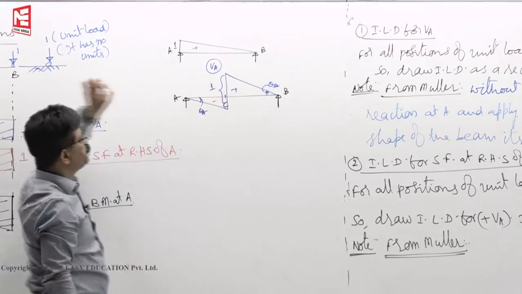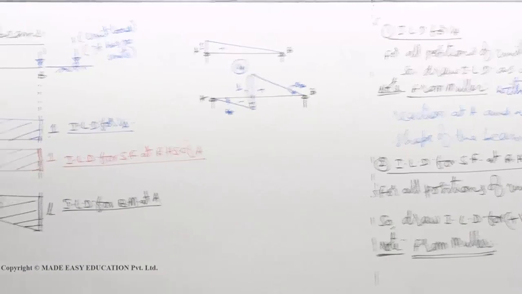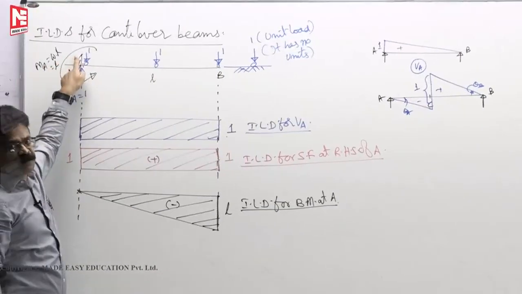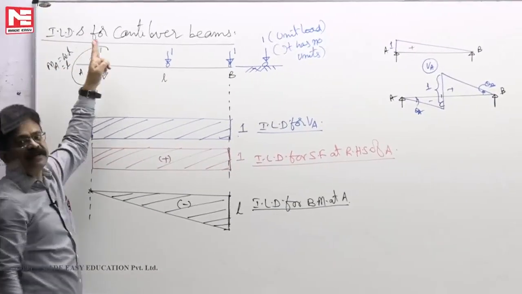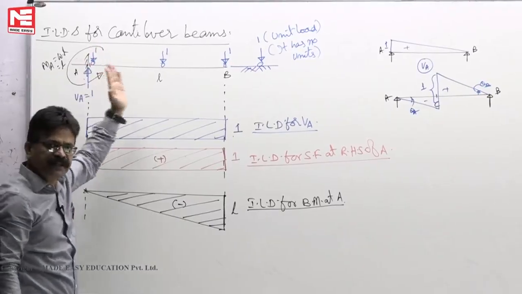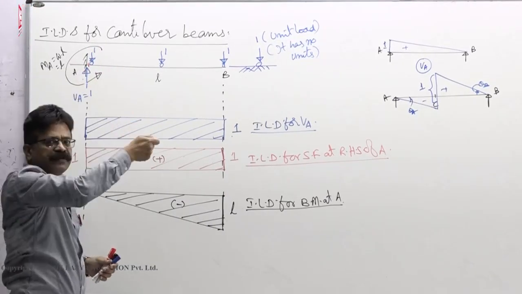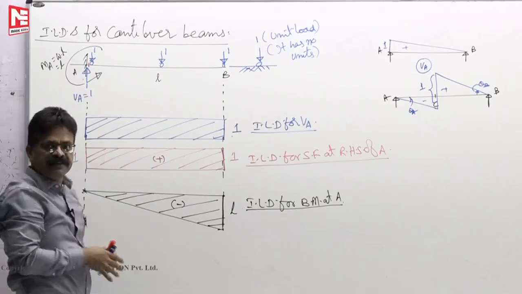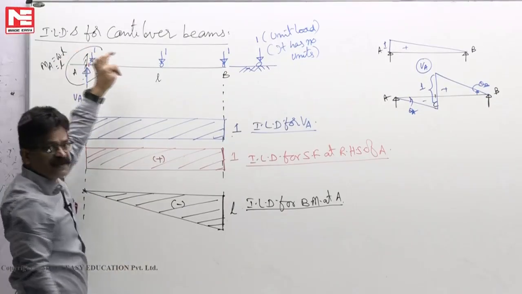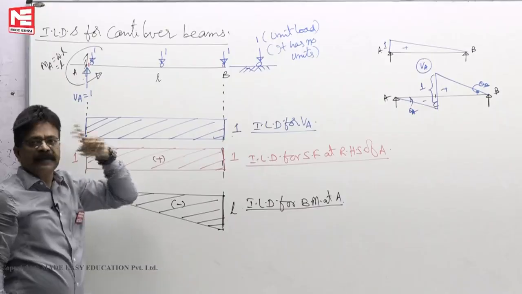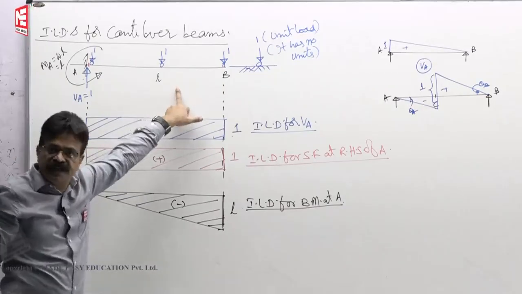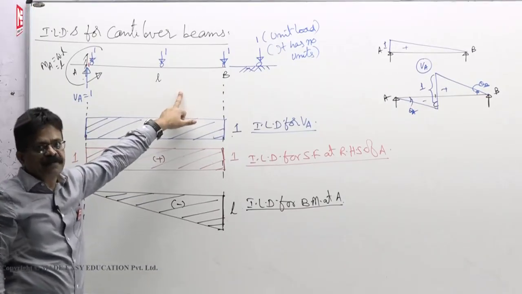Now same concept we try to apply here. Without removing the support at A, cut the beam at RHS of A, because you want to find at RHS of A. Now that small piece is there. You try to rotate. You can't rotate that because it's a fixed one. So a cantilever beam is also a statically determinate beam.